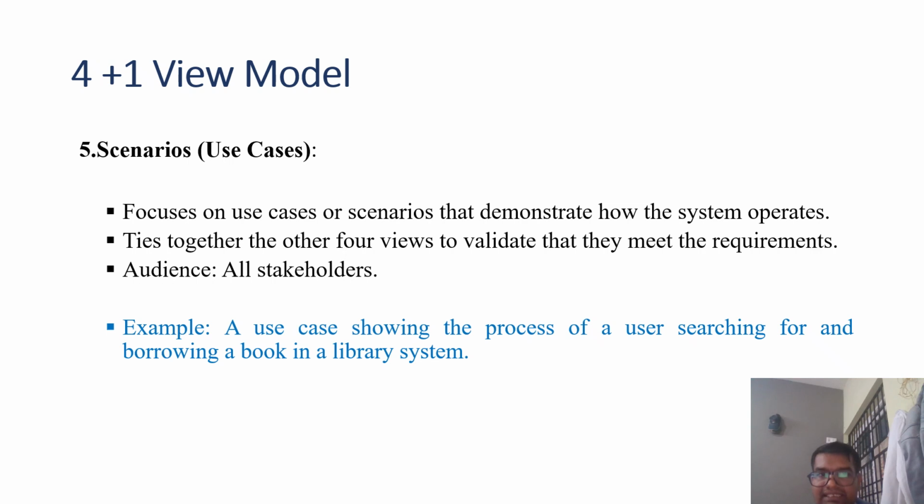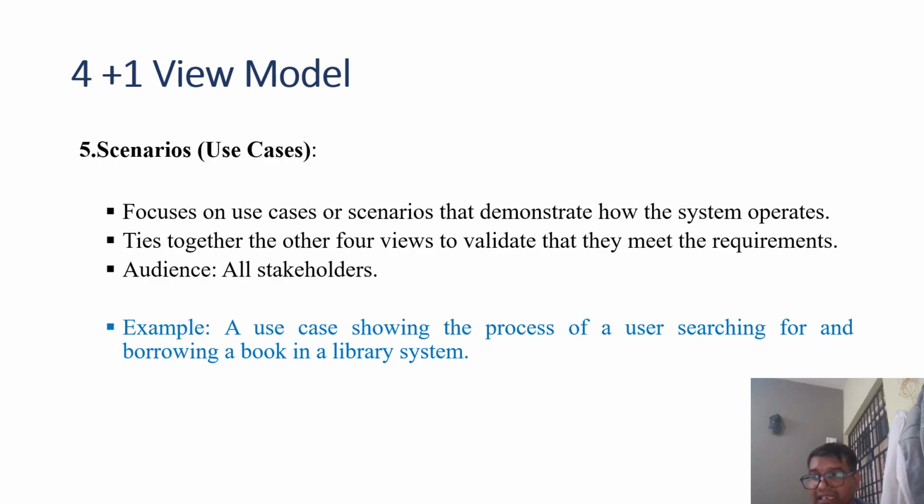And next one is the scenarios, which consider the use cases. It focuses on the use cases or scenarios that demonstrate how the system operates. It also ties together the other four views to validate that they meet the requirements. The audience of the scenarios will be all stakeholders.